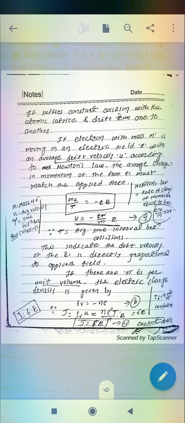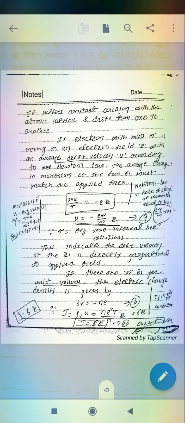The average change in momentum of a free electron must match the applied force. Therefore, here small m is the mass of the electron. We know that small u is the average velocity of the charge, and tau is the time between two collisions.